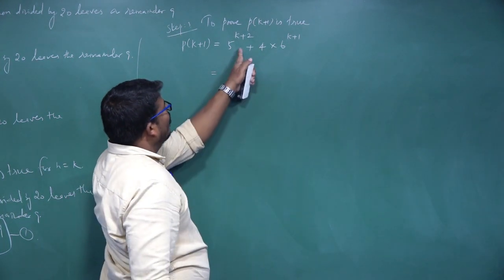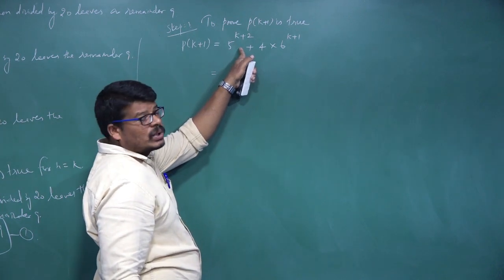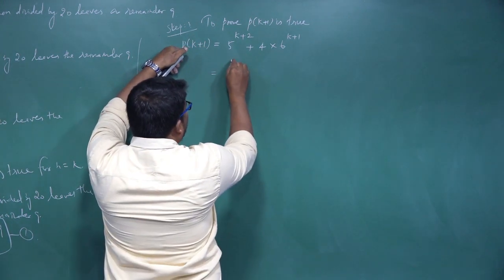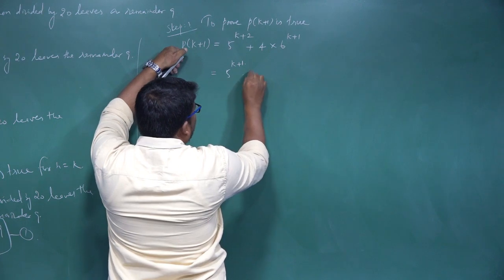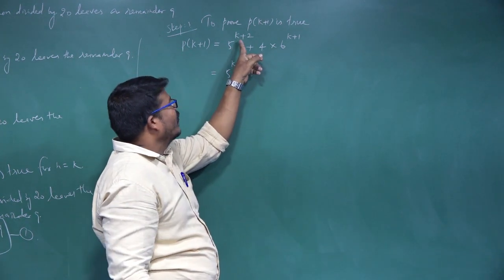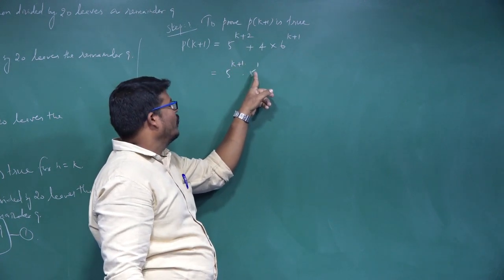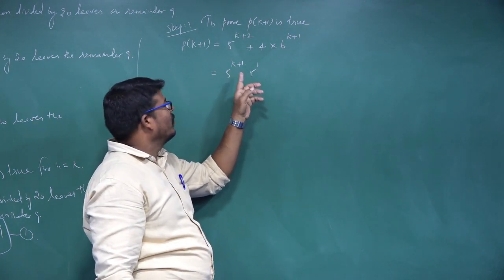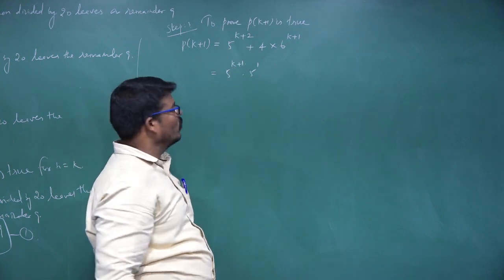Now splitting 5 power k plus 2 as 5 power k plus 1 into 5 power 1. Base equal, add the powers: k plus 1 plus 1 is k plus 2.